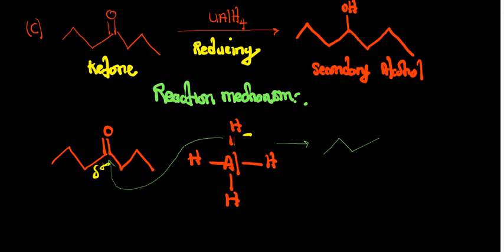So there's a bond there. That's not a double bond. The attack is coming from the one that is more negative, attacking the one which is positive. And after attacking there, the double bond breaks. So one here, two there, three there.